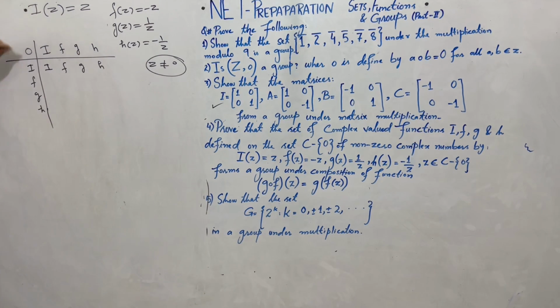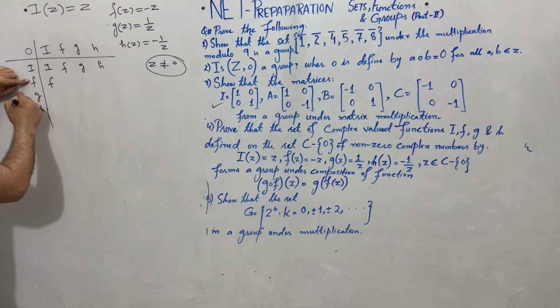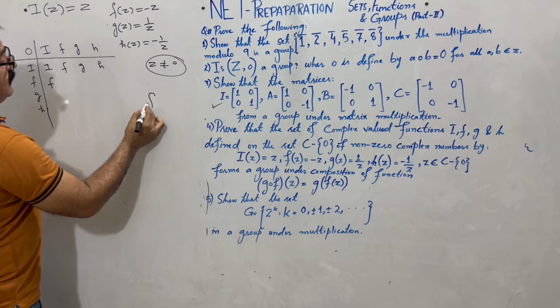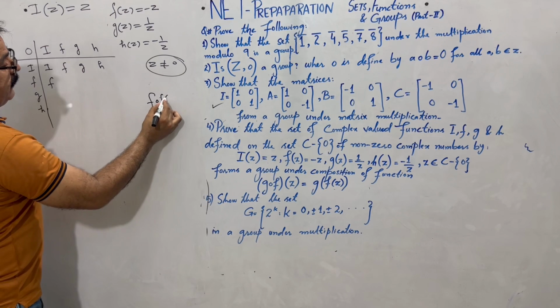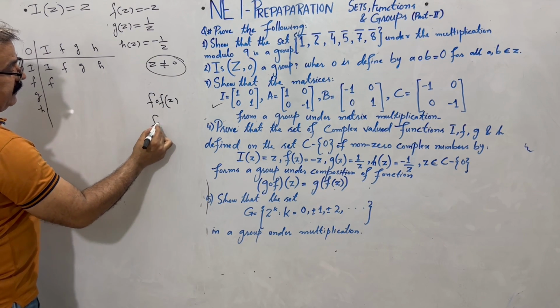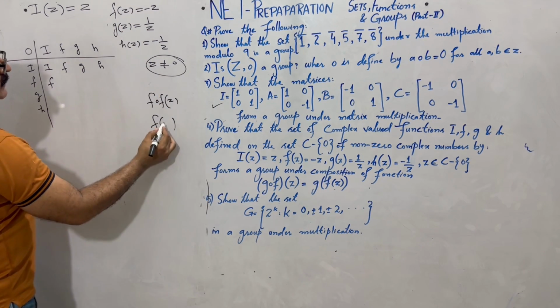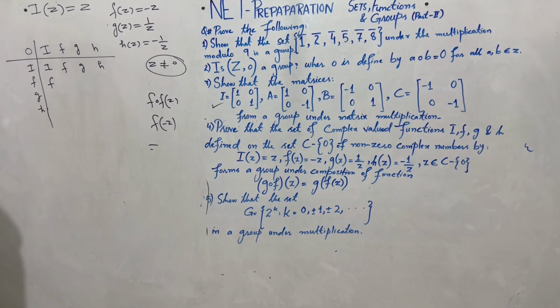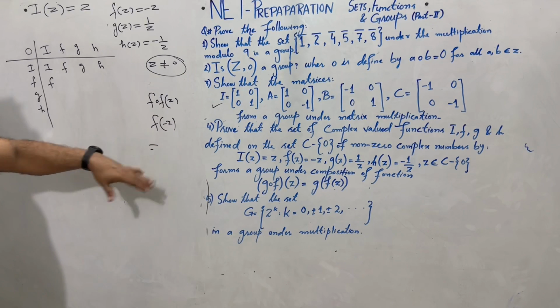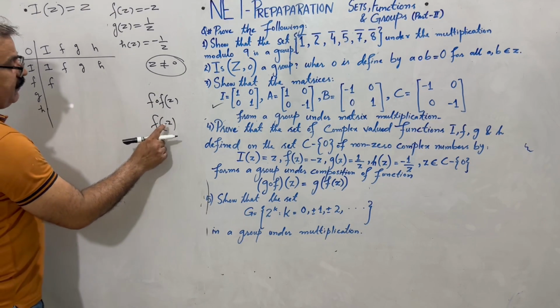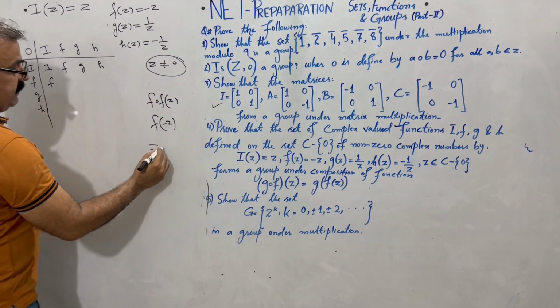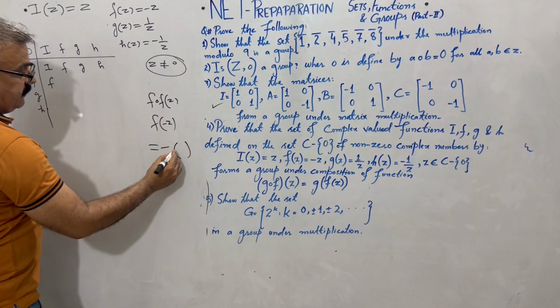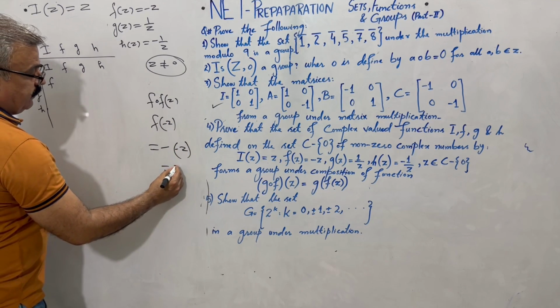One can prove it. Now F times I is F. F times F, what happens? F of F of z. F of z is equal to minus z. It means that in the function f, instead of z, we plug in minus z. The value of z is negative z, so it will become positive z.